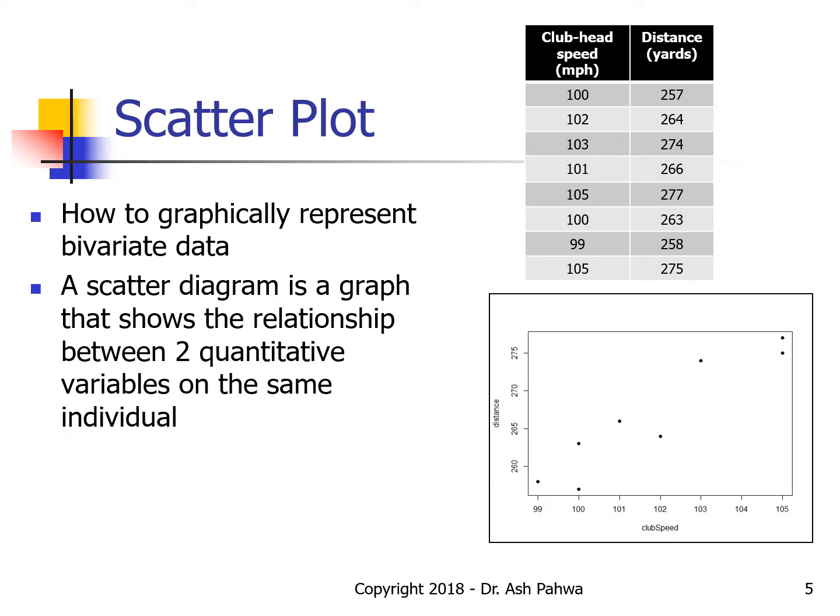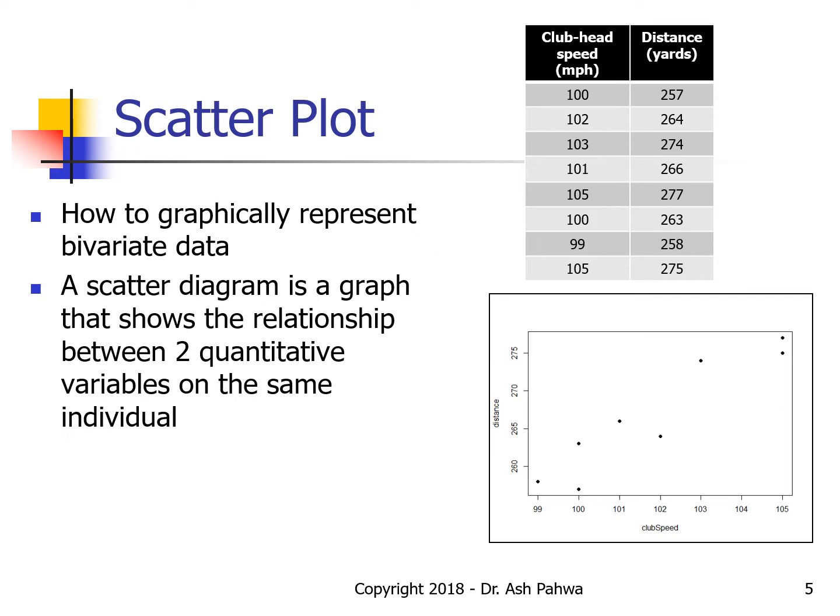If our swing speed is 102 miles per hour, then we observe that the distance would be 264. This table shows this relationship between the swing speed and the distance the ball travels. So there are 8 observations made of speed and distance.